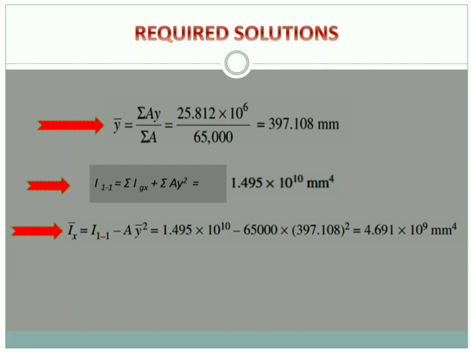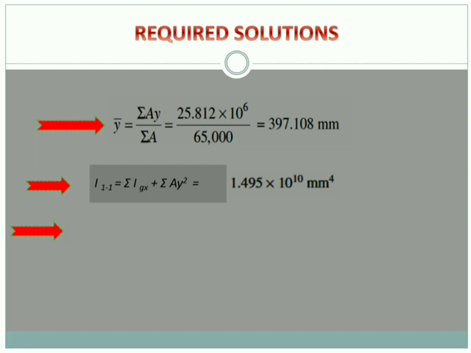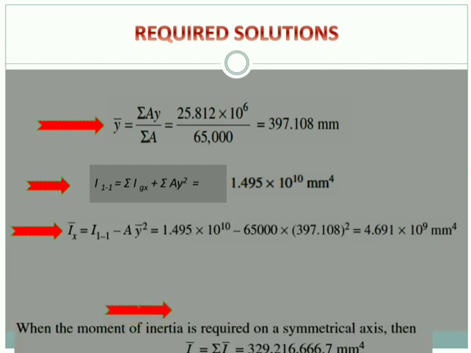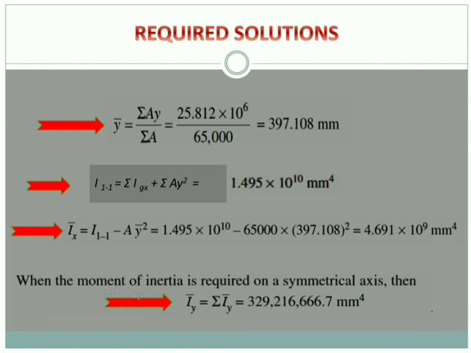Next is when moment of inertia is required about the symmetrical axis. Now, how is your figure? Symmetrical about the vertical axis. Therefore, in this case, I y bar is directly the summation of the individual Iy's.